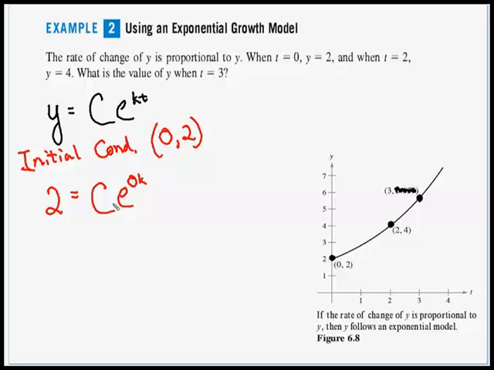And e to the 0 power, or anything to the 0 power, is equal to 1. This becomes 2 is equal to c. So now we're going to use that again in this equation. Let me rewrite it. Y equals, now it's not c, because we found c was equal to 2, 2 e to the kt.